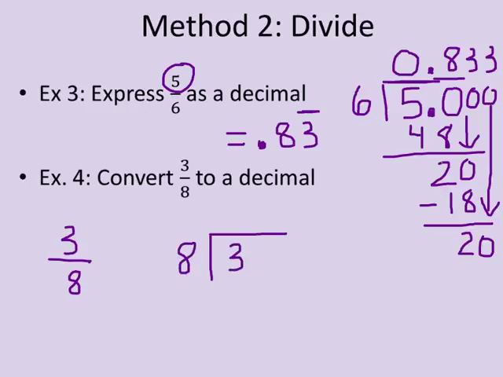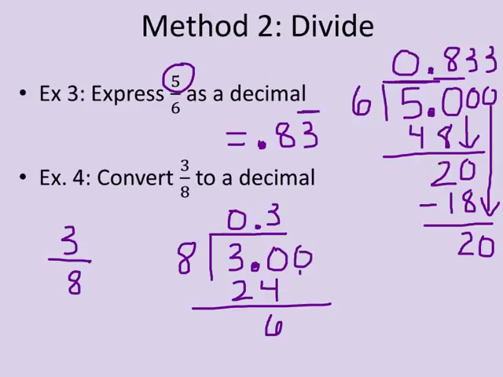Can 8 go into 3? No, cannot. Decimal, pop it up, add my 0. Can 8 go into 30? Yes. Can go in 3 times. 3 times 8 is 24. Remainder 6. Bring down a 0. 8 into 60. 7 times, which is 56.